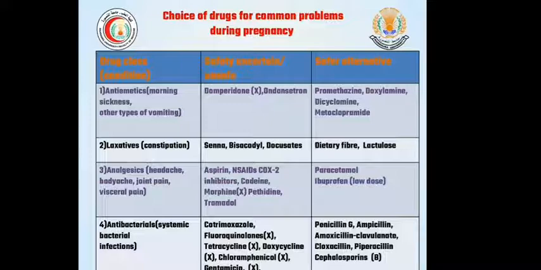We can use penicillin G, which lies under category A. We can use ampicillin, amoxicillin, cloxacillin, cephalosporin, which are under category B. Avoid tetracycline, as we have said. Avoid chloramphenicol. Avoid gentamicin. Avoid quinolones. All have various teratogenic effects to the fetus.